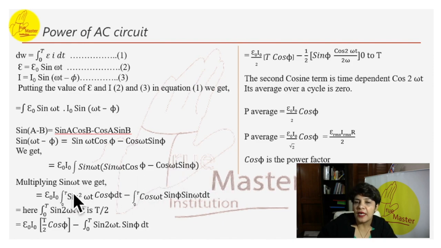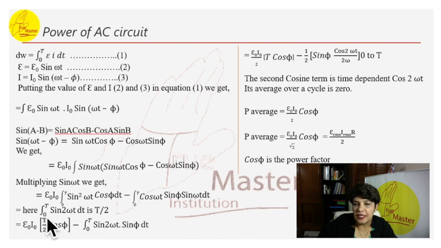Multiplying sine omega t, we get E naught I naught, limits 0 to T, sine square omega t cos phi dt. So what we are doing is multiplying this factor sine omega t again with cos omega t sine phi and putting the limits 0 to T.